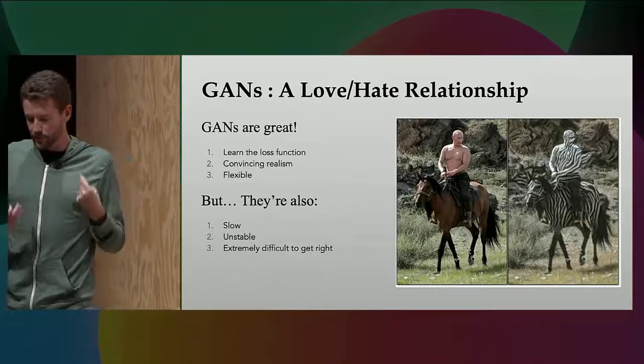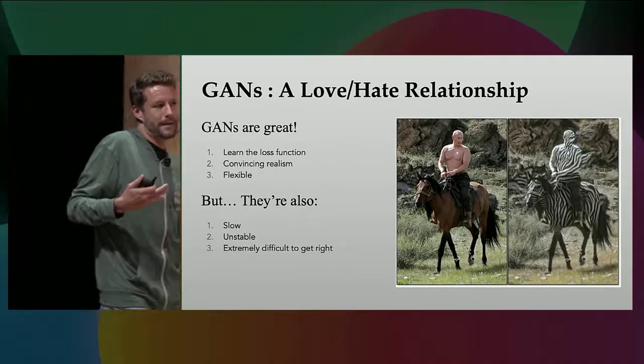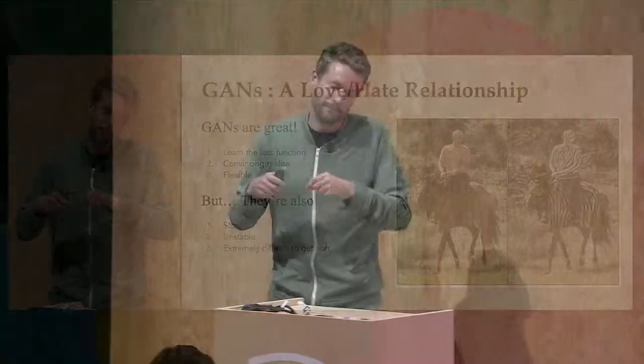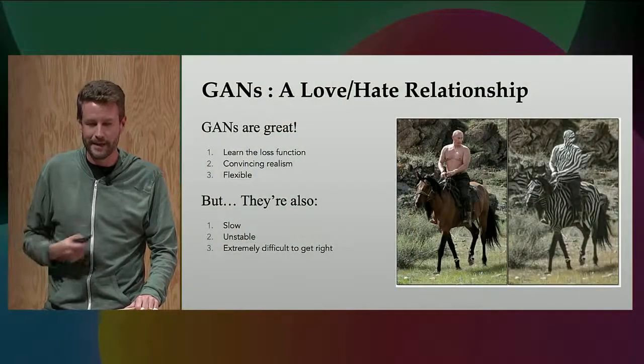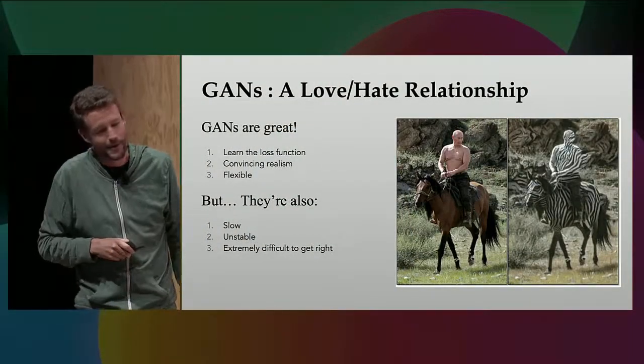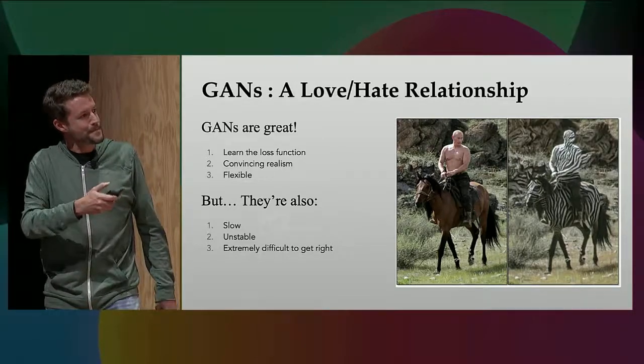So the original DeOldify, while it had great renders if you, quite frankly, cherry-picked after a few trials, overall, you'd still get a lot of glitchy results, and you'd have unsightly discoloration. And that was because of the GAN instability for the most part. And then finally, they're just really difficult to get right. Hyperparameters you have to tune, and experiment after experiment. I probably did over 1,000 experiments before I actually got it right.